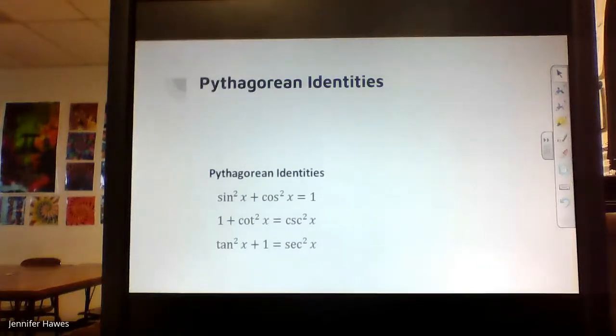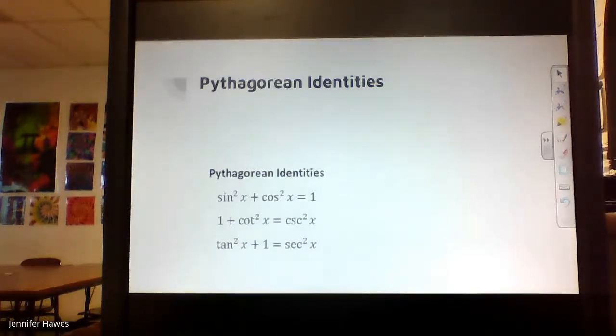Last thing. If you did sine squared plus cosine squared, that was equal to 1. Okay? Remember on your unit circle, your radius was 1.